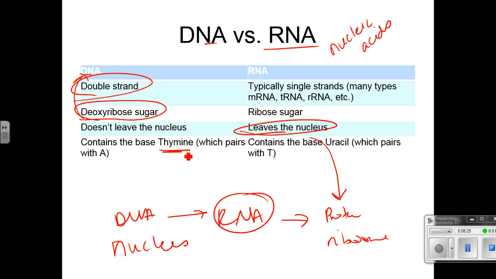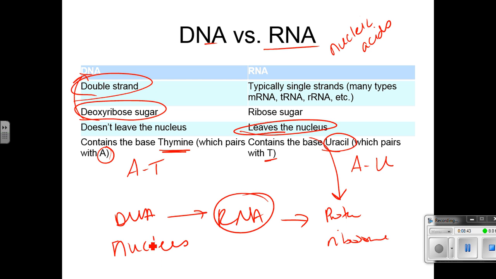DNA contains the base thymine, which is going to pair with A, and RNA contains uracil instead of thymine. A would then pair with U. And that is really important because these are the things that make DNA and RNA different.